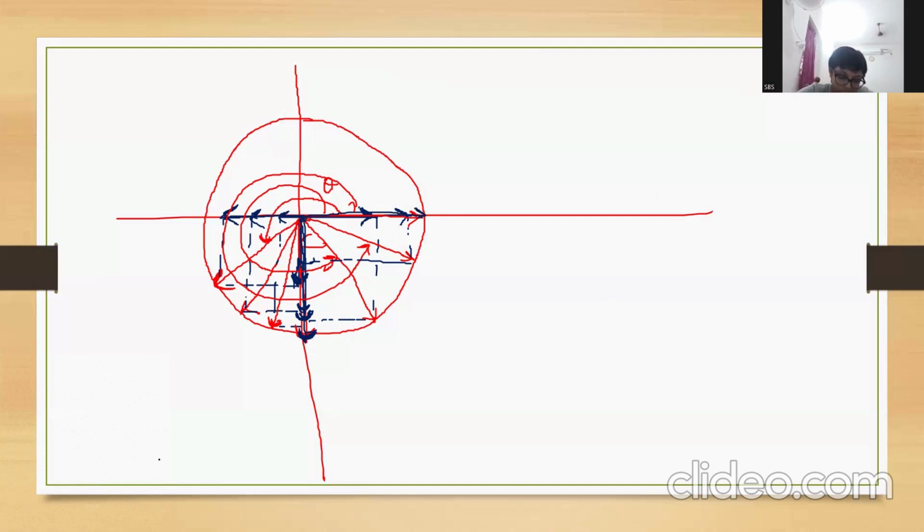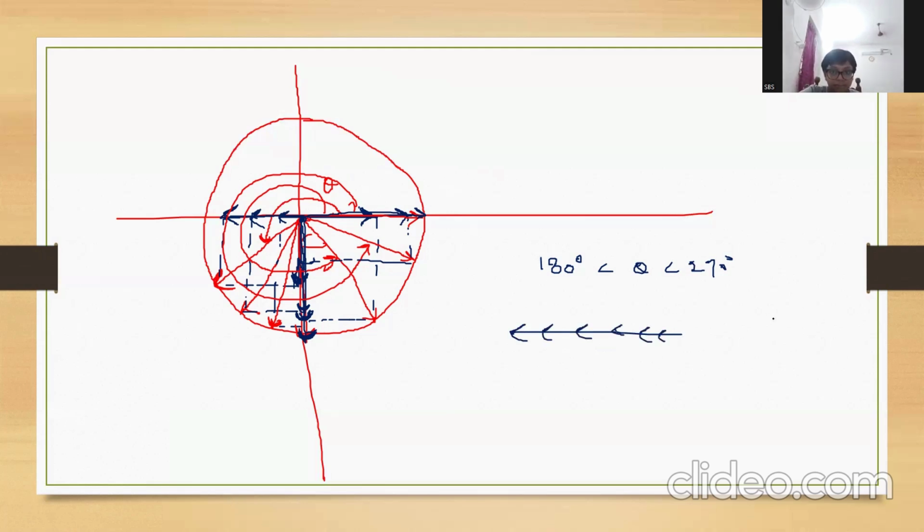Now see the observation in the back. First, see here. When theta is more than 180 and less than 270, see the projection on the x-axis. Its length is initially more, and finally its length is going to decrease.